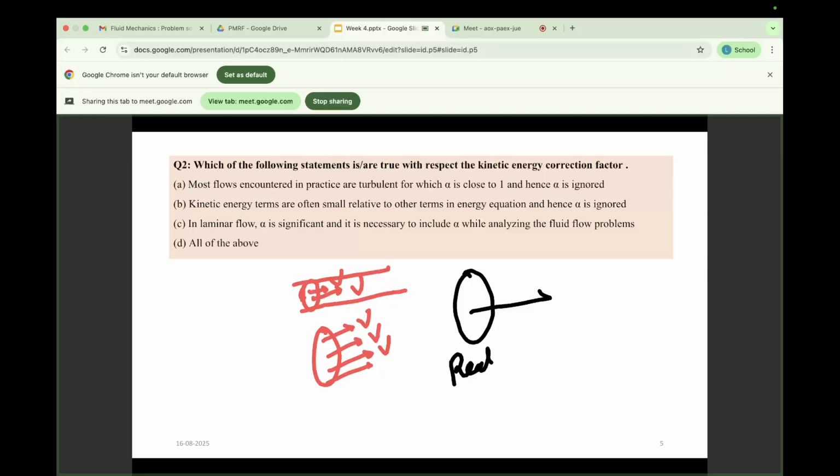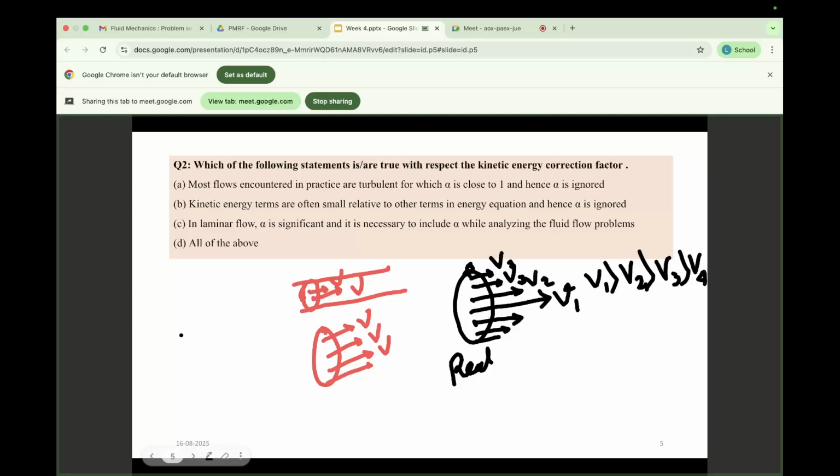If this is v1, this velocity is more, and as we move toward the wall, the velocity goes on decreasing. That means v1 is greater than v2, greater than v3, greater than v4, like that. And sometimes at the wall the velocity is zero. Similarly on the other side, an almost symmetric nature is observed. So that is our real life scenario.